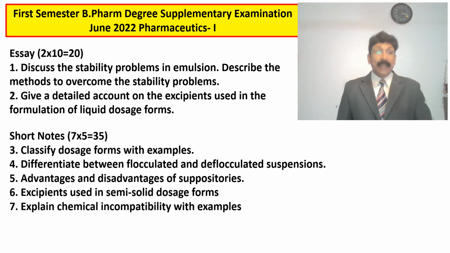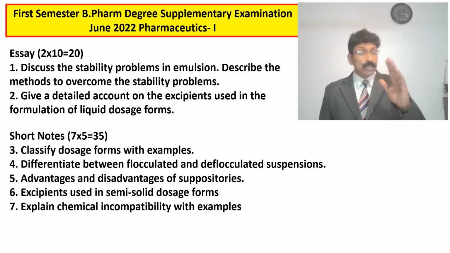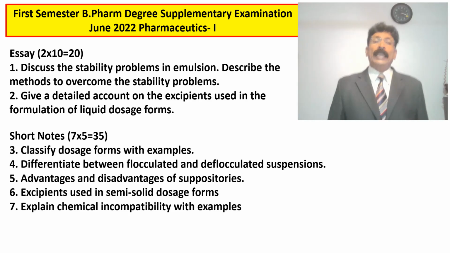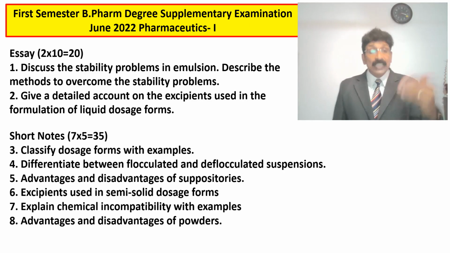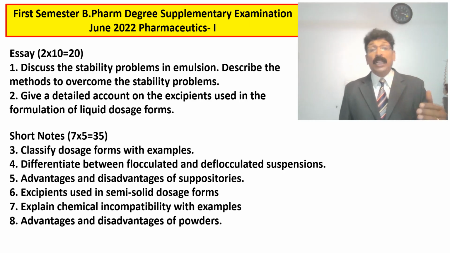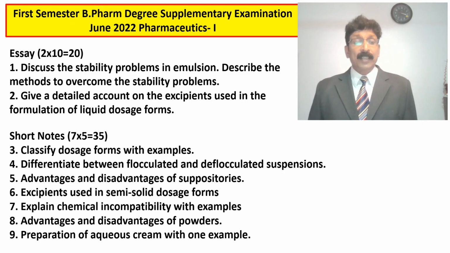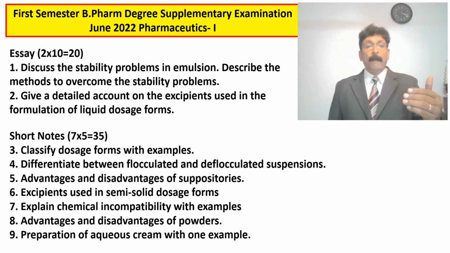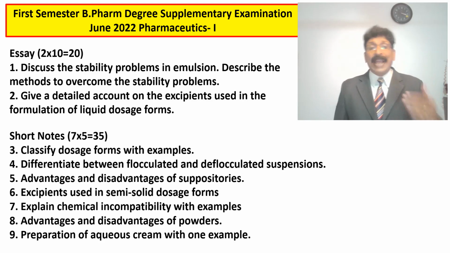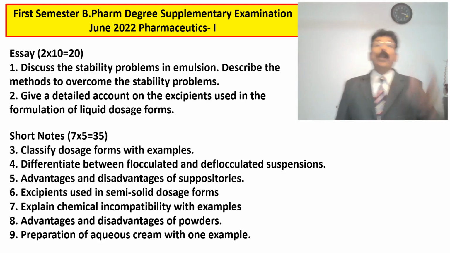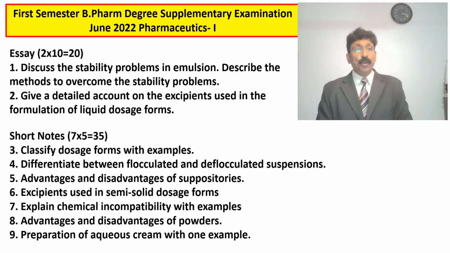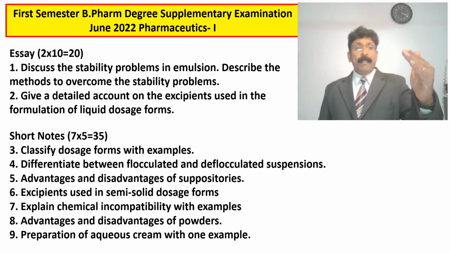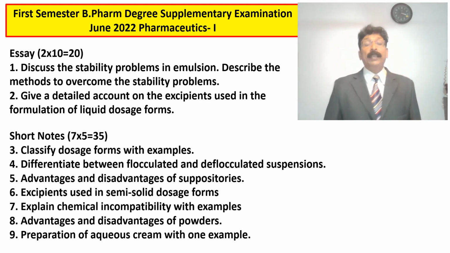And the next question, 5 mark question, explain chemical incompatibility with examples. And the next question, advantages and disadvantages of powders. And the 9th question, preparation of aqueous cream with 1 example. So you see there are 7 5 mark questions they have asked in the B Pharmacy question paper.